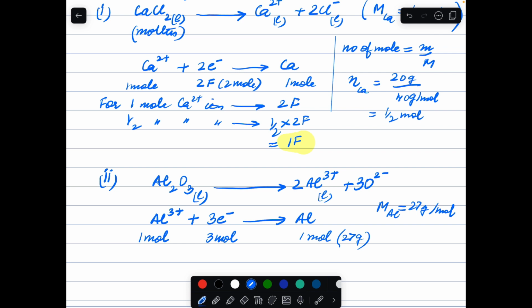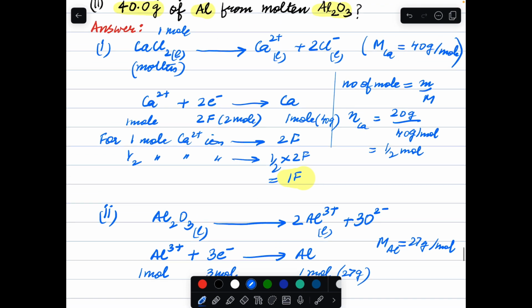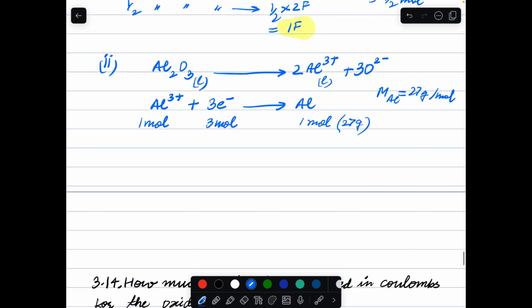It's the same idea as in the previous case. Here 1 mole of calcium means 40 grams of calcium, because the molar mass of calcium was 40 grams per mole. So we will apply the same idea here also. The number of moles of aluminium will be calculated as mass over molecular mass.